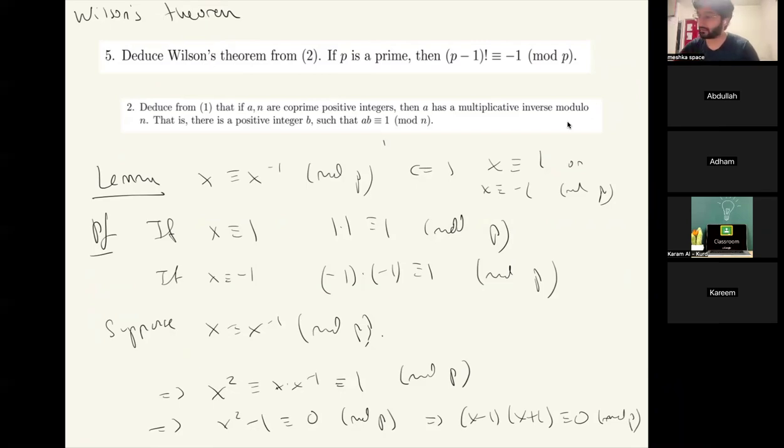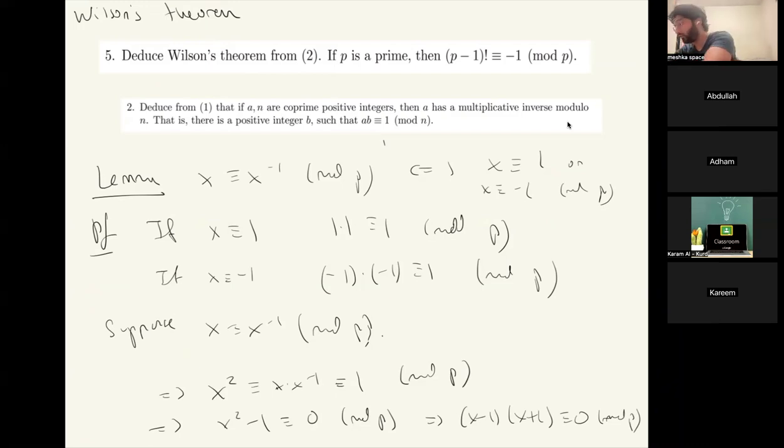I mean, since it's congruent to 0, we can say p divides x minus 1 times x plus 1, so it either divides x minus 1 or x plus 1. And we get our solutions.